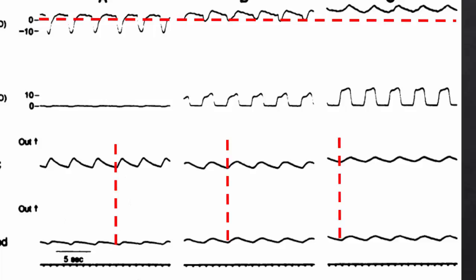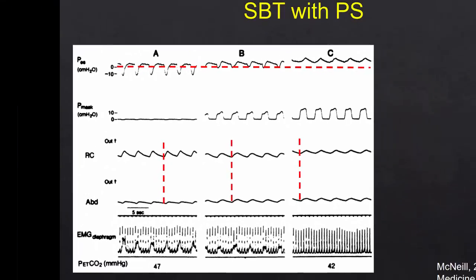The final graph shows EMG output from the diaphragm, showing your diaphragm phrenic nerve is firing vigorously at no pressure support, less activity at medium pressure support, and pretty much gentle activity at high pressure support, to show that the patient's not working as hard.